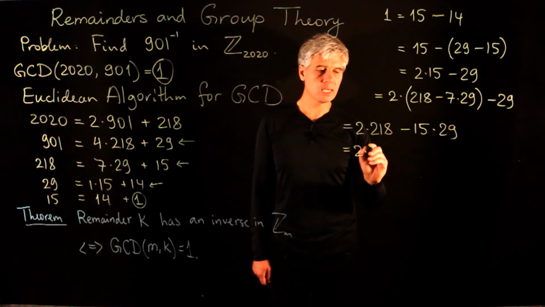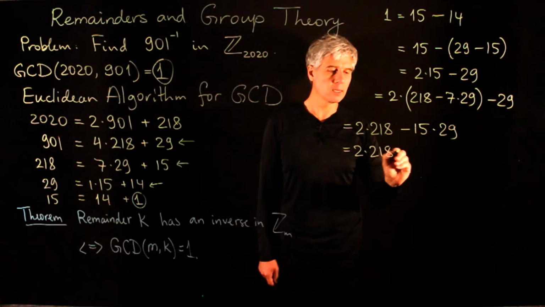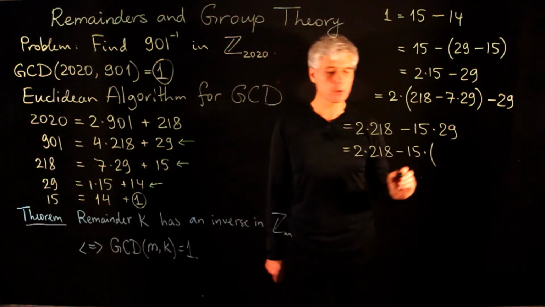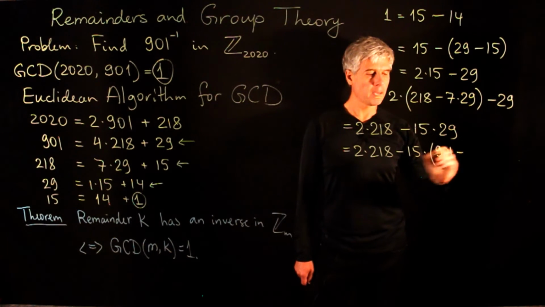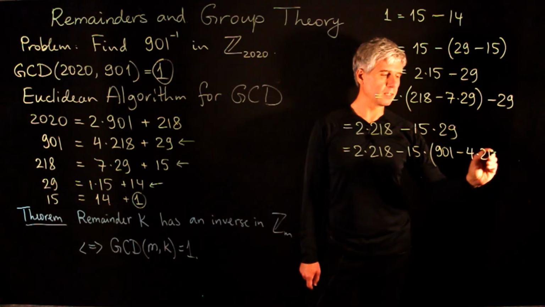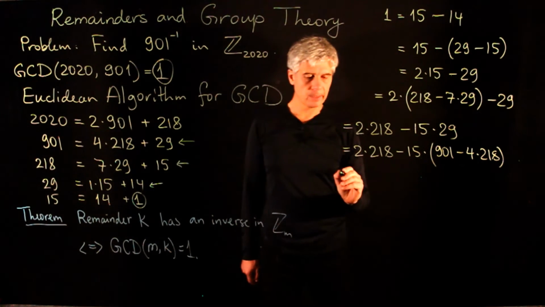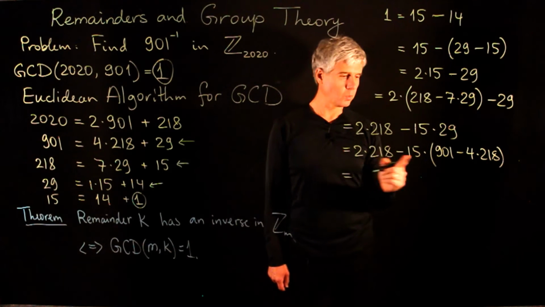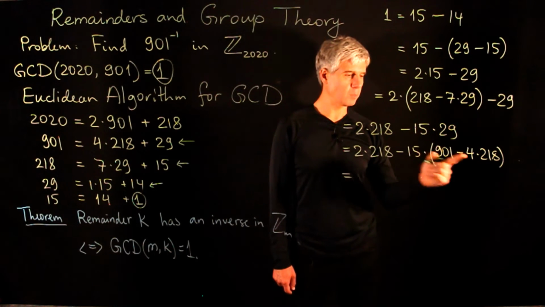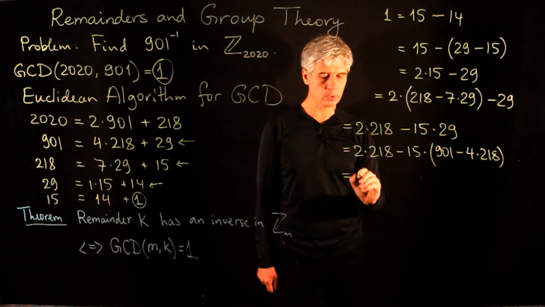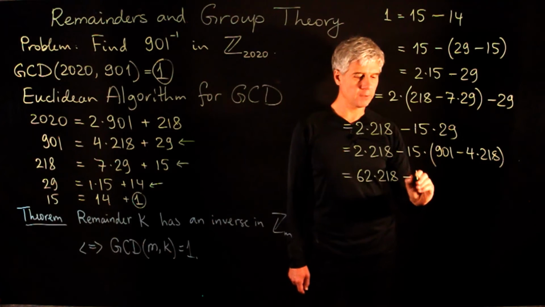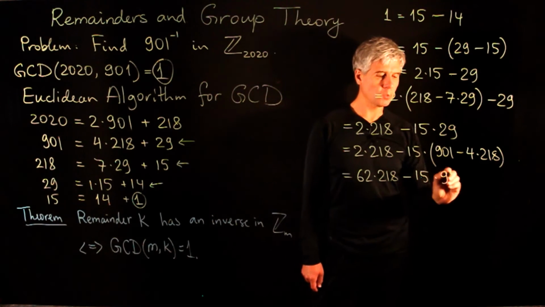So we get 2 times 218 minus 15 times, so instead of 29, we write 901 minus 4 times 218. And now we collect terms. So with 218, we have 15 times 4, that's 60, and it becomes, with a plus 2, 62 times 218 minus 15 times 901.